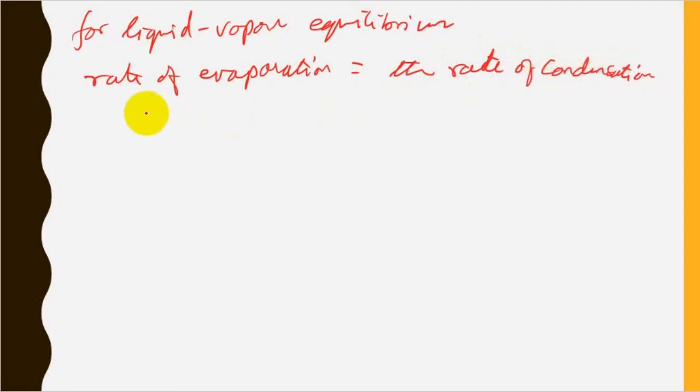So the rate of evaporation of the liquid should be equal to the rate of condensation of the vapor. So when this is established, then only equilibrium is there, isn't it? And when is this condition established? This condition is established when the liquid attains its vapor pressure.